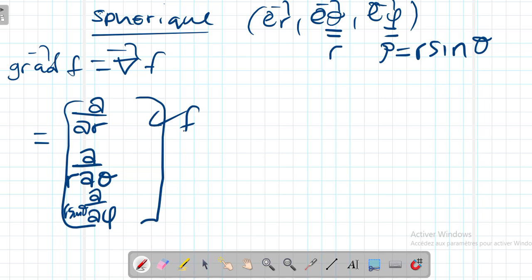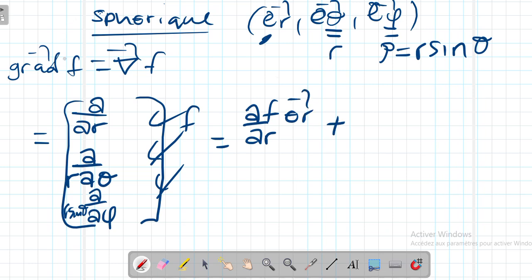So you just distribute f everywhere. This is going to be equal to del over del r of f in the direction of e_r, the first one. As I said, the gradient is a vector. It converts a scalar function to a vector, so you should make sure that you have magnitude and direction.